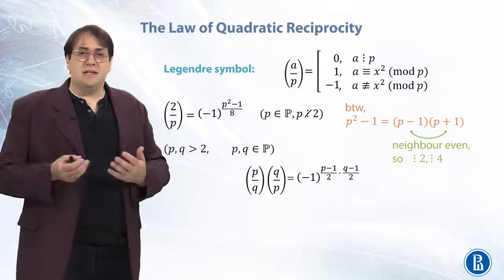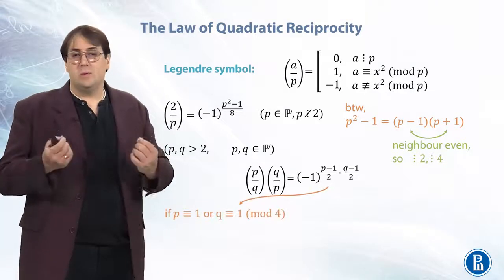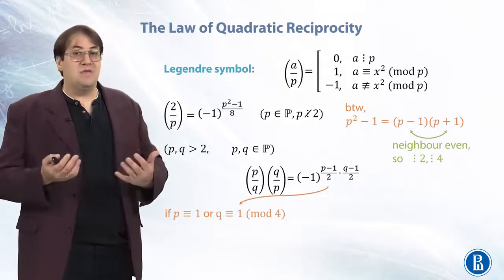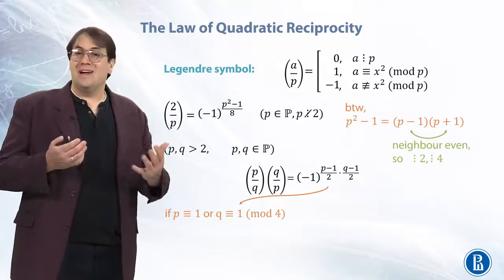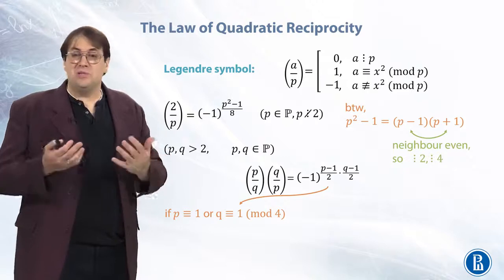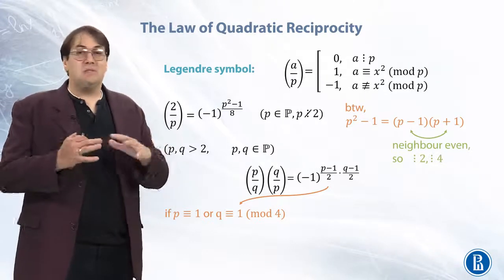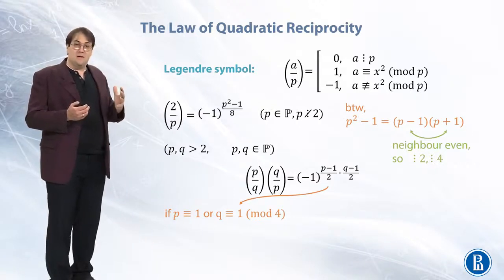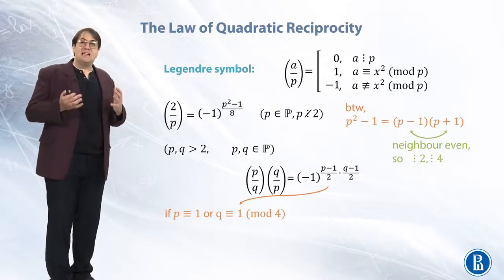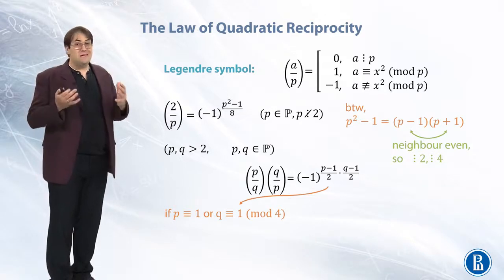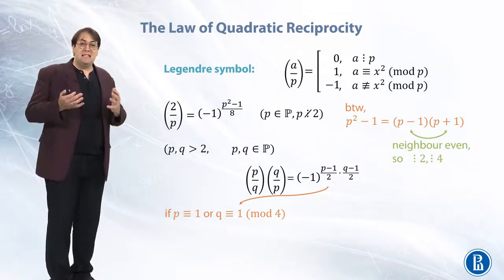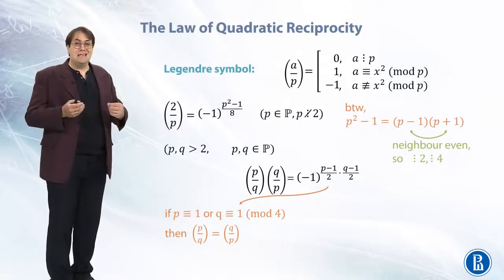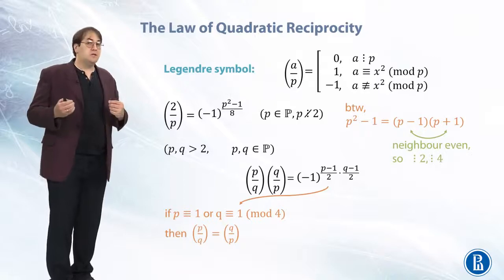It's easy to see that if at least one of these prime numbers, p or q, is congruent to 1 modulo 4, which means that it's of the form 4k plus 1, well, in this case, the minus 1 on the right-hand side is raised to an even power, which means that the symbol of p modulo q is equal to the symbol of q modulo p.